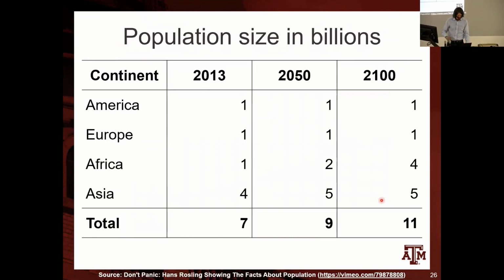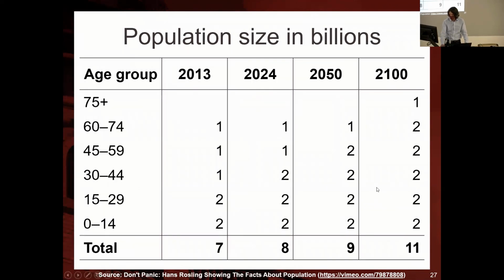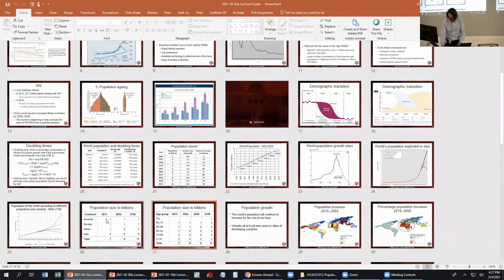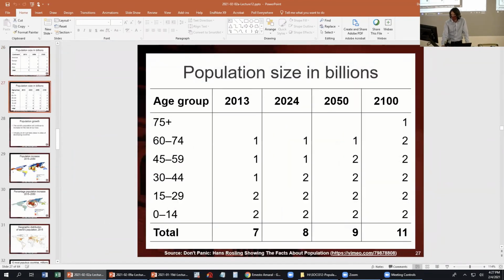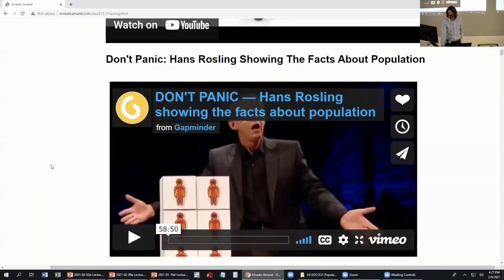This graph here, just wanted to emphasize, not the graph, this table. These two tables here, population size in billions by continent and by age group, I constructed them by watching this video here by Hans Rosling. I might have told you about him before.